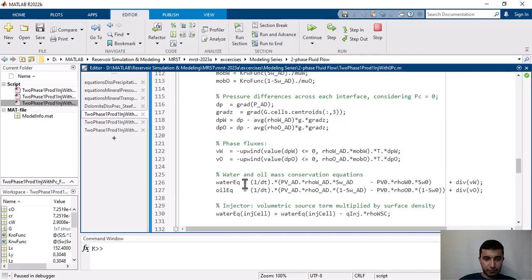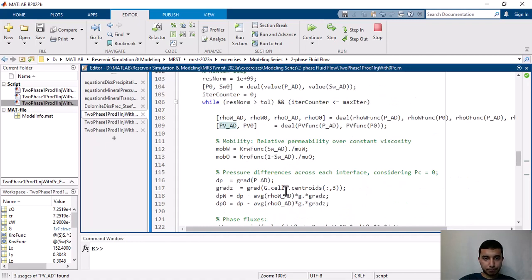I have named this the water equation, and this the oil equation. These are pressure equations. In the previous video, I named them pressure equations. This is the pressure equation for water, and this is the pressure equation for oil.